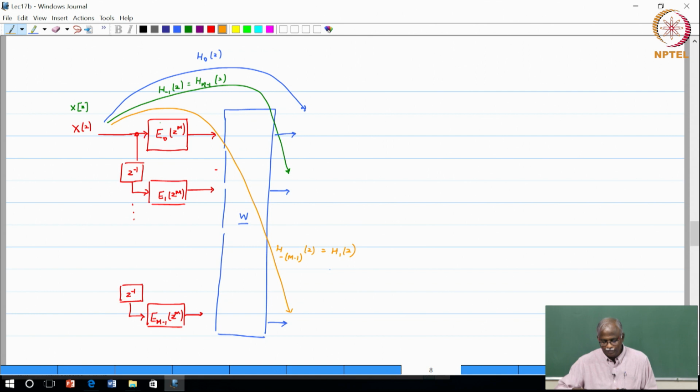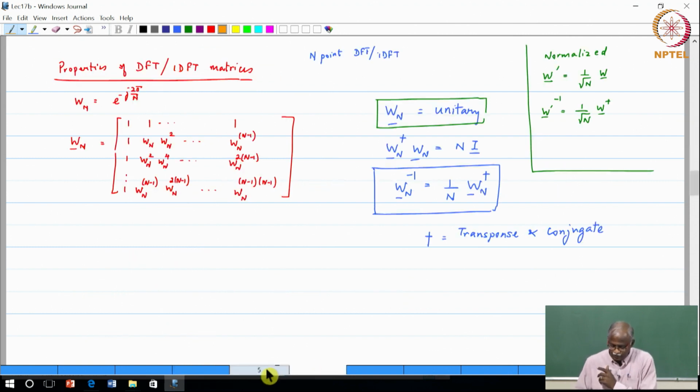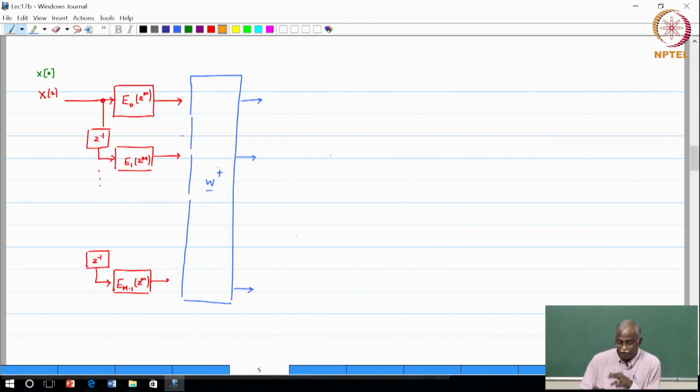In fact, H1 has gone to the bottom, and a good point to leave this discussion is to say that for the shifted filter banks, the straightforward version that you get when you substitute these shifted versions is one which has the IDFT form, or the transpose conjugate of the DFT matrix.